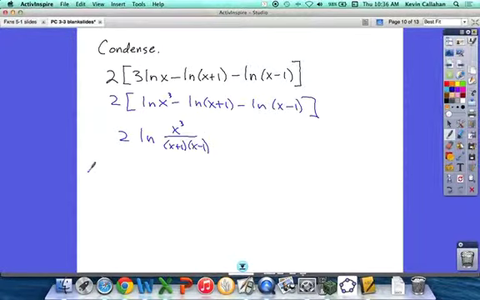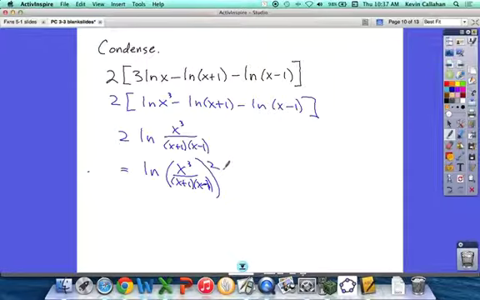Are we done? We still have to take this 2 and move it inside. So this becomes ln of parentheses x to the third over x plus 1 times x minus 1, squared.